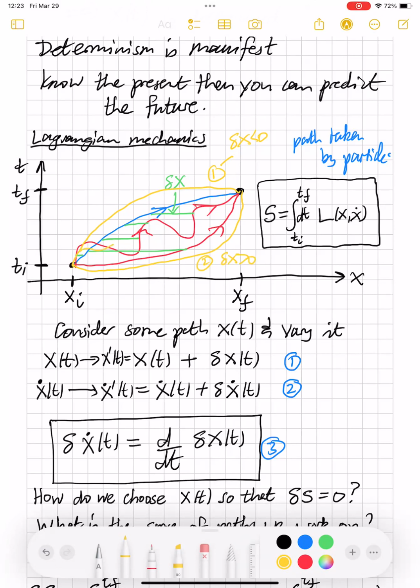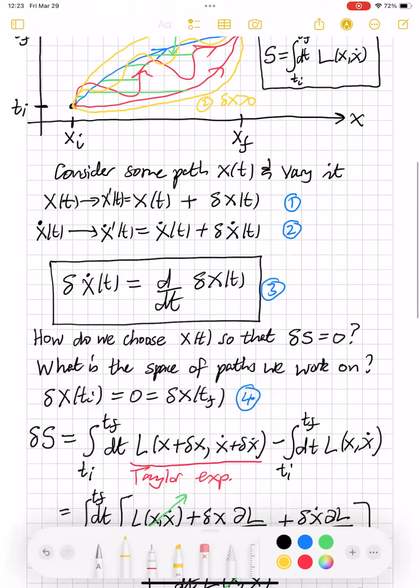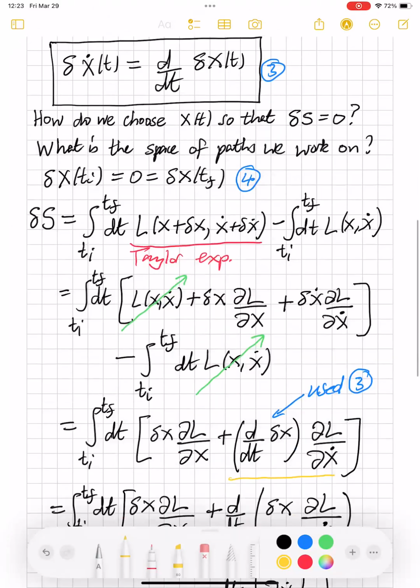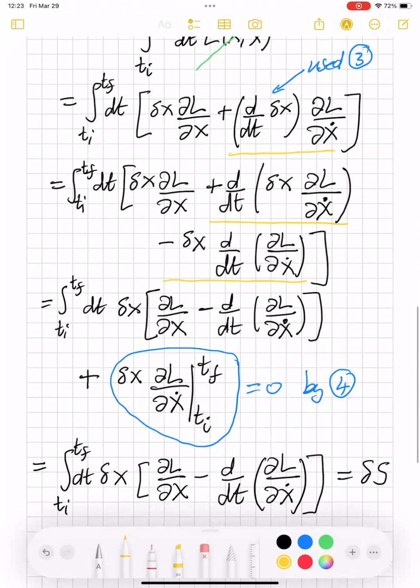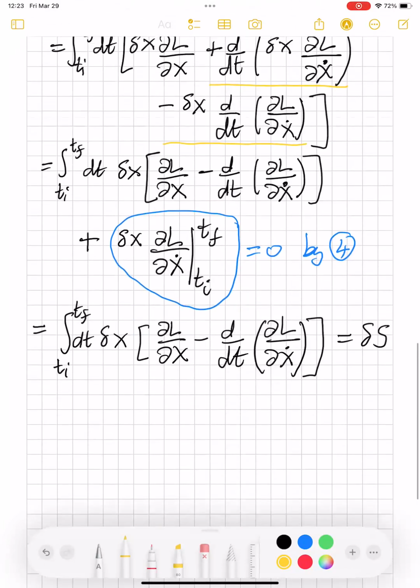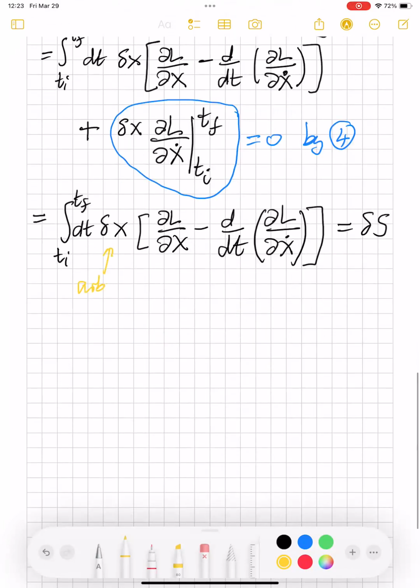And for this path, delta x keeps changing. So if I look at all of the possible paths that I could consider, well, delta x can be an arbitrary function. So this delta x sitting here, you should take this as an arbitrary function.